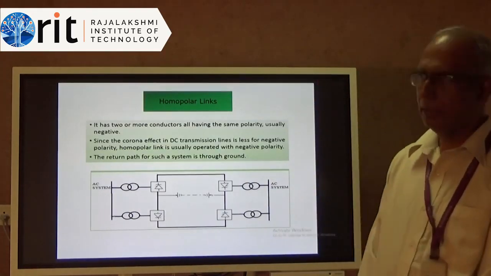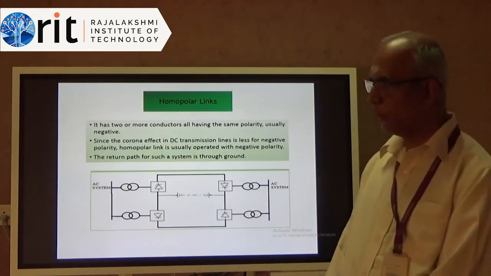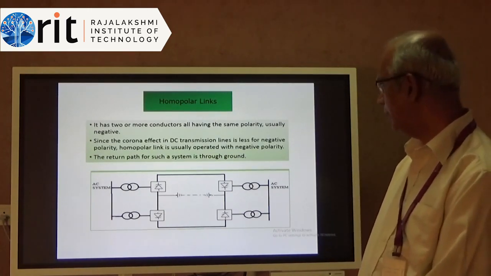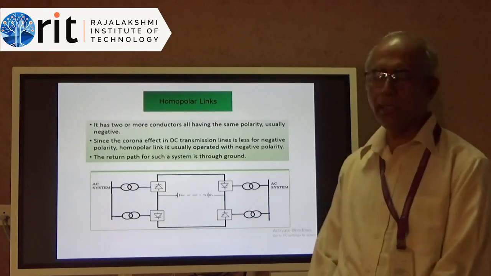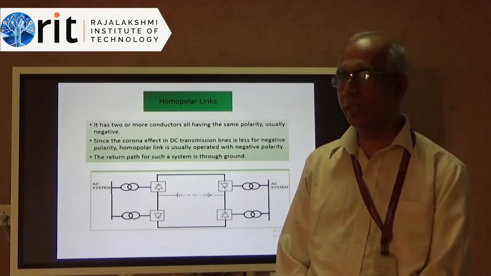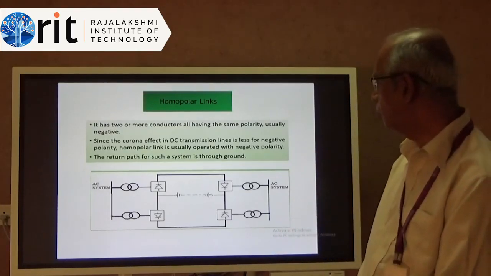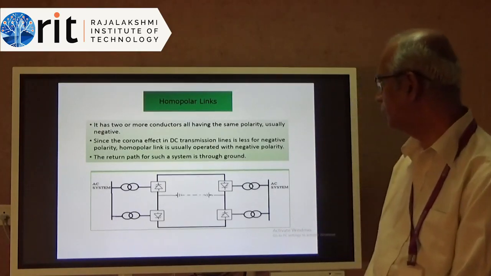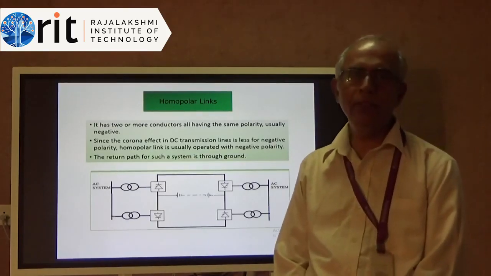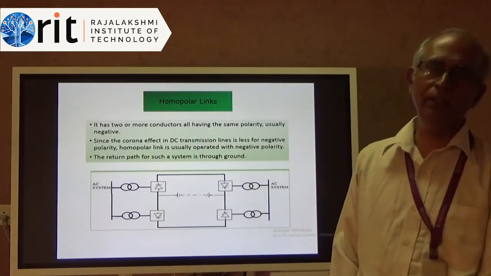Right. You also have a third possibility known as a homopolar link. It has 2 or more conductors. So here the top conductor and the bottom conductor do not have different voltages. One was positive and one was negative in a bipolar. But here both are of the same polarity. The top conductor and bottom conductor are of the same polarity, and typically we use a negative polarity for this transmission.